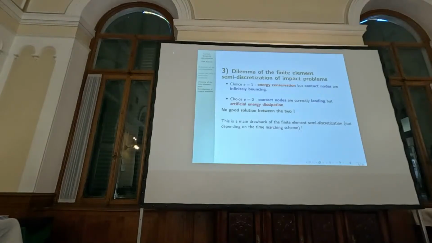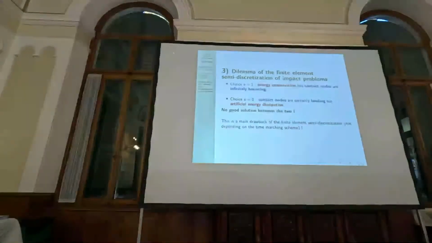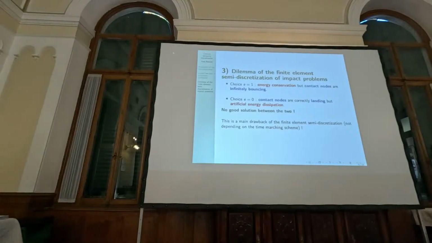But the contact nodes cannot land on the rigid obstacle. It's not possible, because if they land, you lose the kinetic energy. So they are infinitely and very rapidly bouncing. And when you choose e equal to 0, the contact nodes can land because they lose all the velocity at impact.